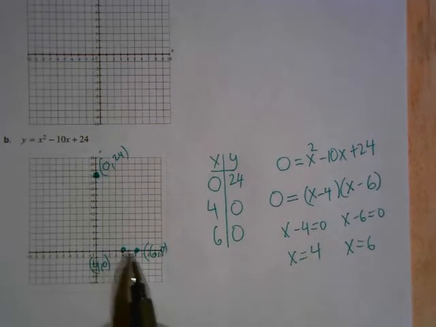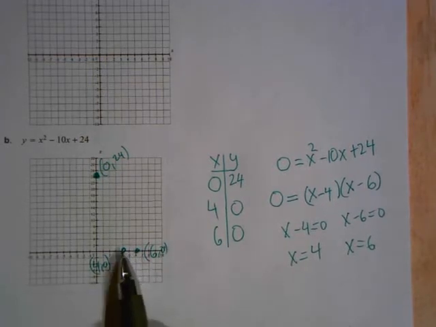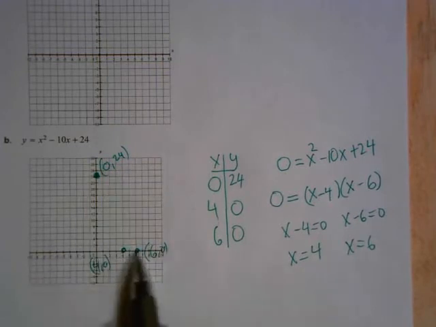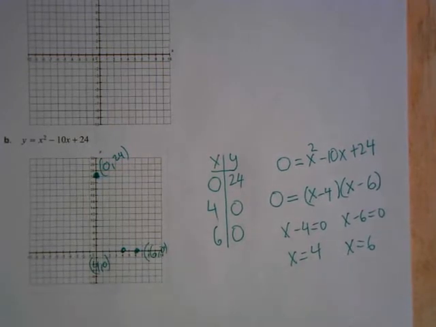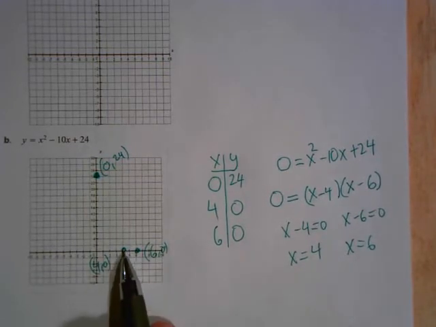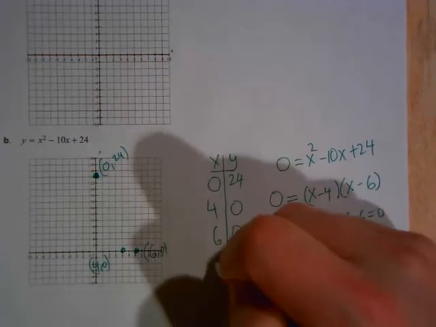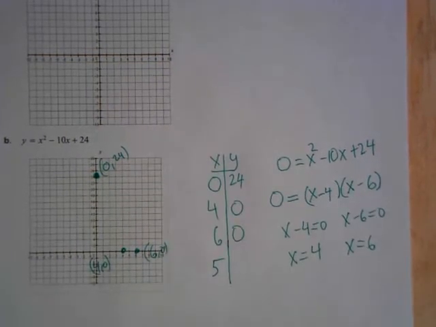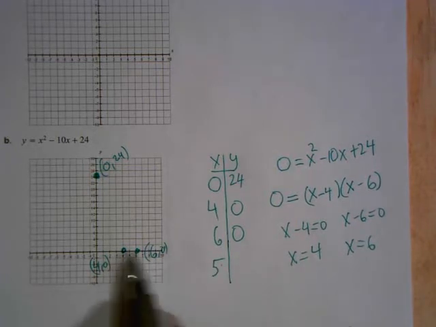Since I have 2 points with the same y value, it doesn't matter if they're down here or up there, the vertex still has to be halfway in between. Halfway between 4 and 6 is 5. So if you can find the x-intercepts, you can find the vertex by simply going halfway between your x-intercepts too.